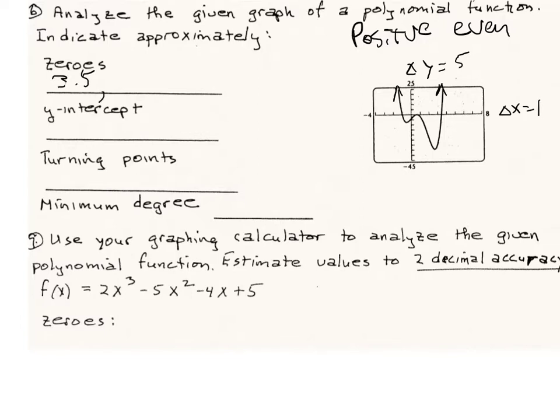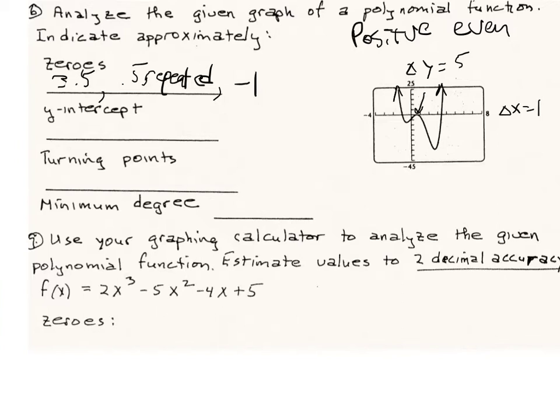I have a 0 at 0.5, but that appears to be repeated, because see here how it's bouncing down? That's a repeated 0. And then another one looks to be at -1. So 3.5, 0.5 repeated, and -1.